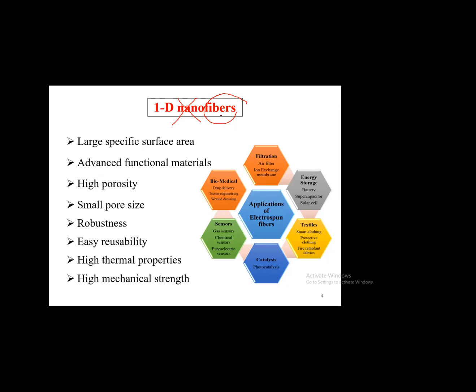If we talk about the strength of the material, these are very high strength materials. Kevlar fiber is one of the fibers that is used for defense applications. Besides this, aramid fibers are there, made from the amide group.